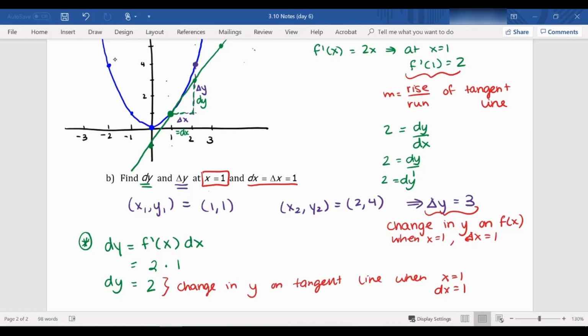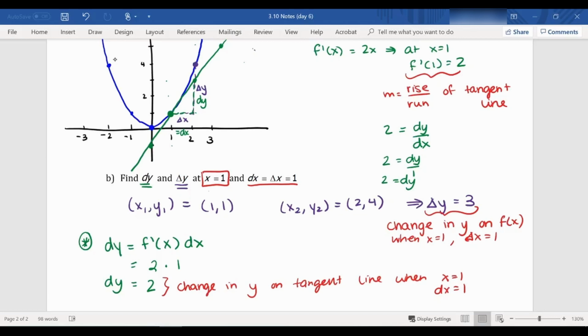Okay, so at the point of tangency, your x and y value will be the same on both your curve and your tangent line because the point is the same. But as I then move along the curve or move along the tangent line, if I look at the same x value and compare the y value on the tangent line versus the curve, we'll start to see some differences. Okay. And so they will get farther apart.